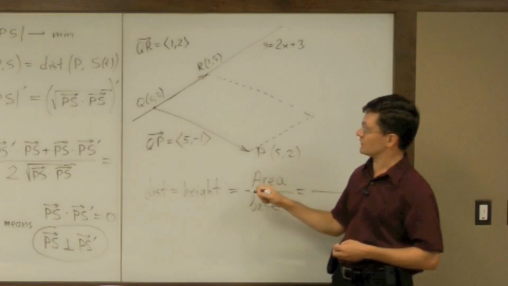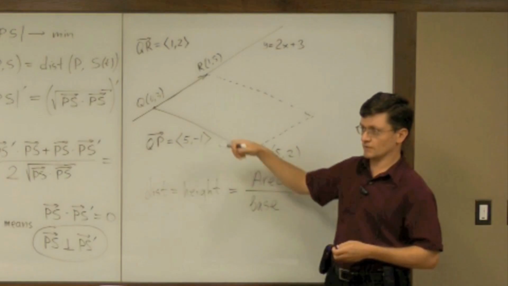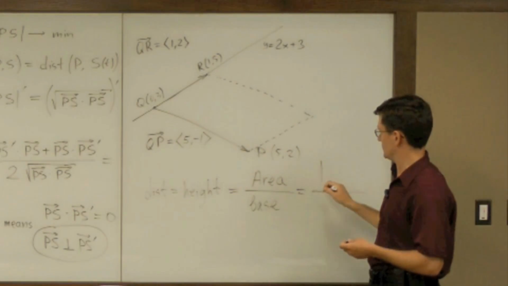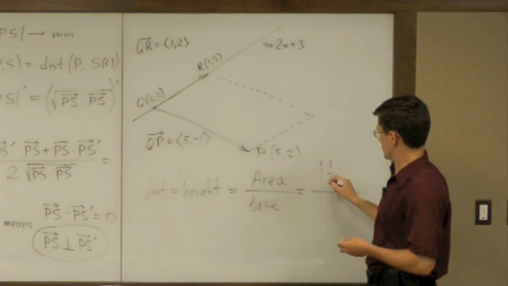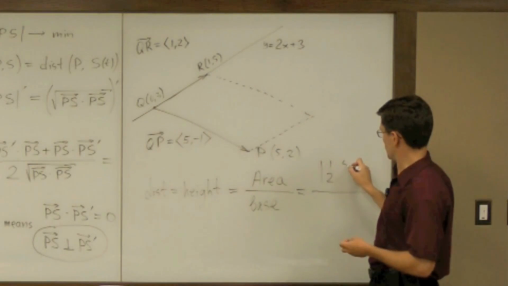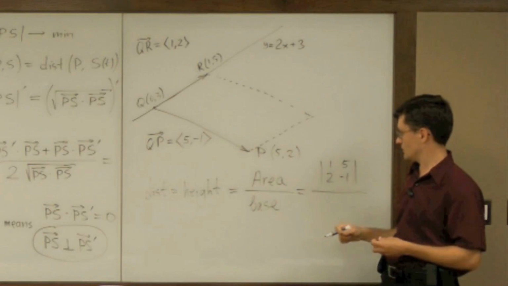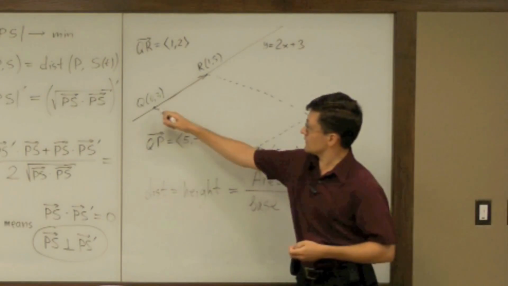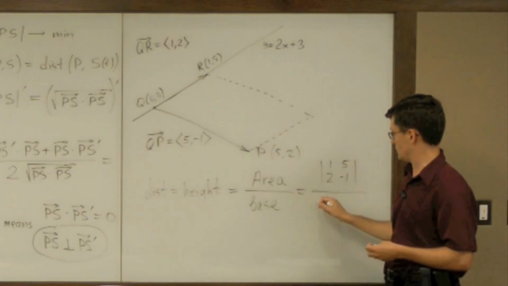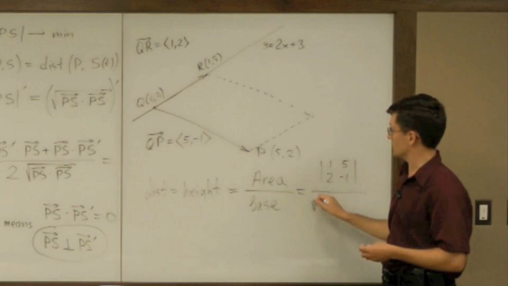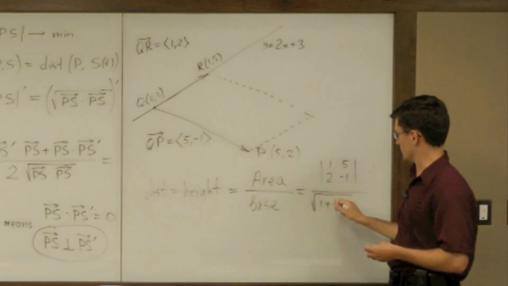What do we do to find the area? We take the two vectors together in one matrix. 1, 2, and 5 minus 1. And we will compute the determinant. The base is the magnitude of QR. That is square root of 1 plus 4.